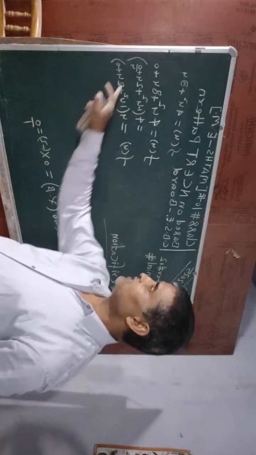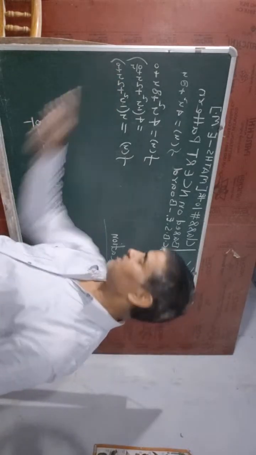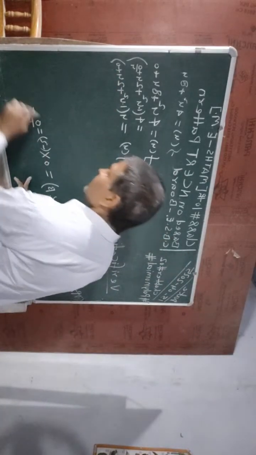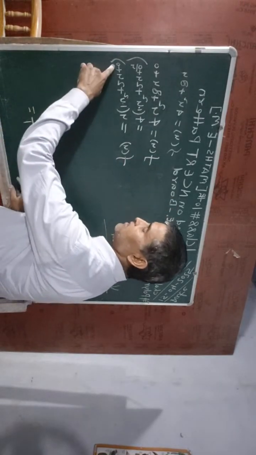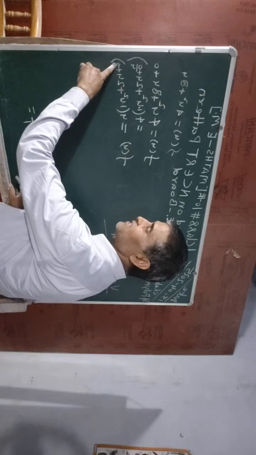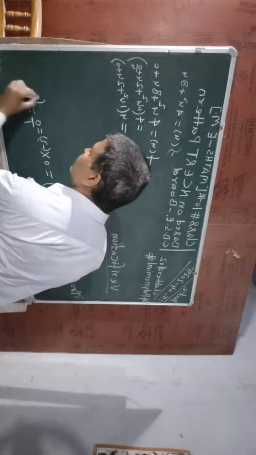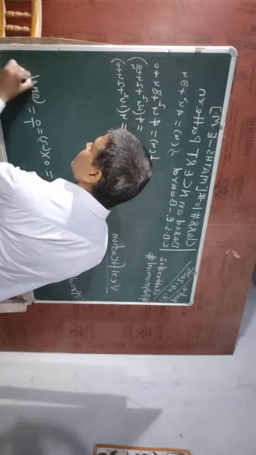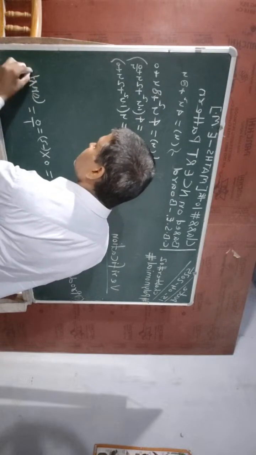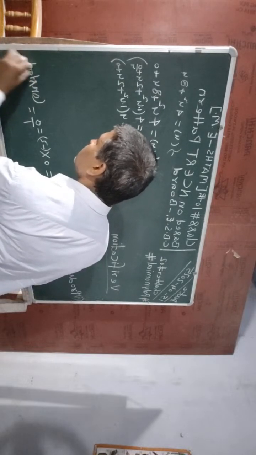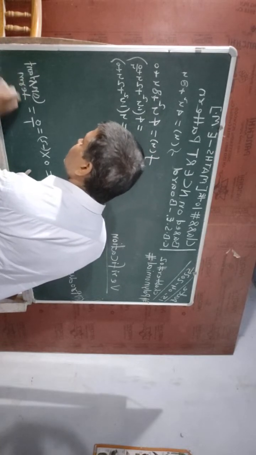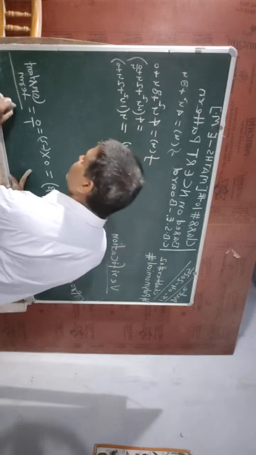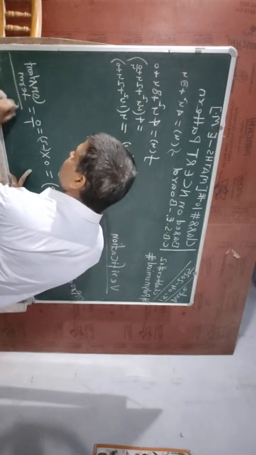Now this 0 is the constant term, so on the numerator I write the constant term, divided by the coefficient of u square.